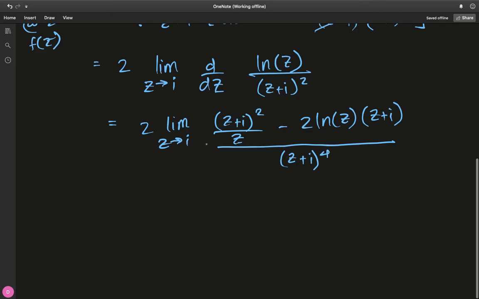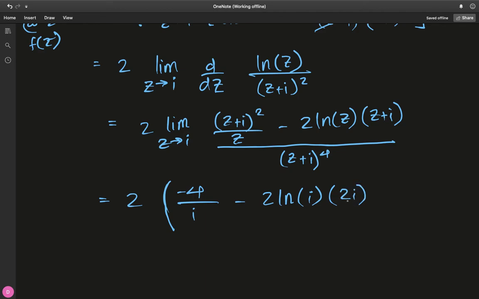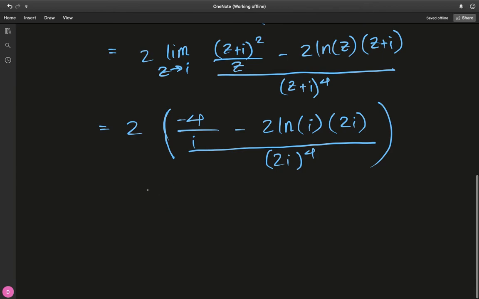Now when we plug everything in, we have 2 times, well, I plus I is 2I, squared, or 4I squared, which is negative 4, divided by I, minus 2 times natural log of I times 2I over here, divided by 2I to the 4th power. 1 over I is just negative I in the numerator.